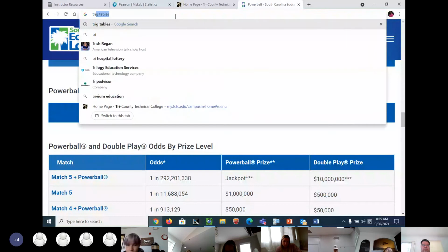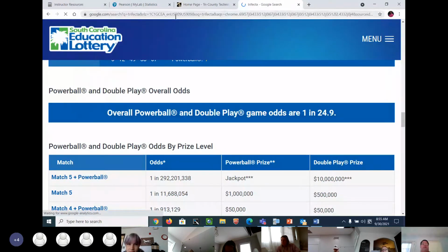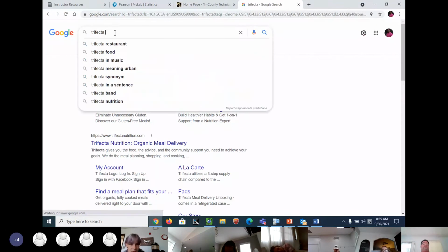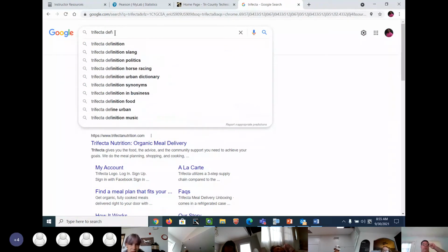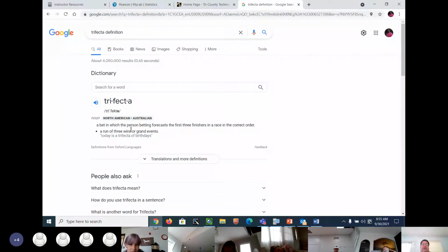Just so y'all know I'm not making it up. Trifecta definition: a bet in which the person betting forecasts the first three finishers.